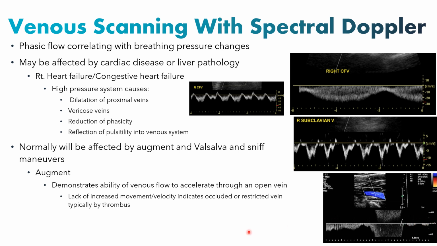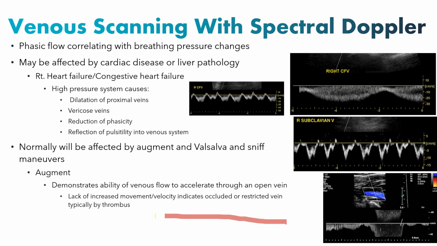If we have an augment that's unsuccessful, usually I'd try it again because I might have just not compressed the correct vein. But if I still can't see that augment movement and I'm still getting just a phasic movement even when I'm augmenting, that would mean that there is something between where I'm scanning.